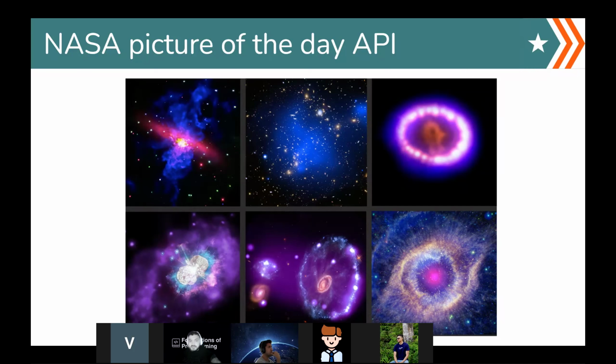We talked about the different types of APIs, the simple ones like dog, cocktail, Pokemon. We talked a little bit about the more complex ones like Spotify. We talked about how some of them would charge you by so many API calls. And the last assignment here is going to be the NASA picture of the day.